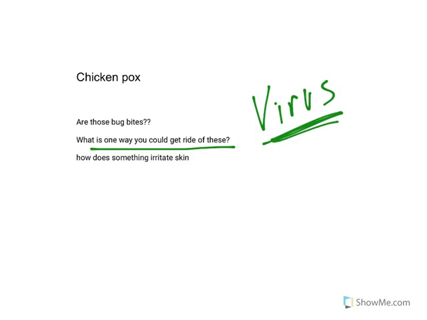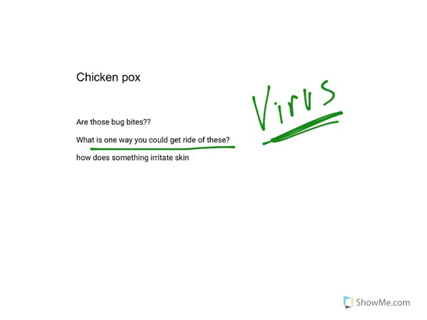And so you can get a vaccination where they put a dead virus in you. Your body learns to fight it off, so then when chickenpox comes in, it'll kick its butt. But viruses are so small and they're incorporated in your DNA that that's how chickenpox can reside in your cells and then come out when you're like 50.